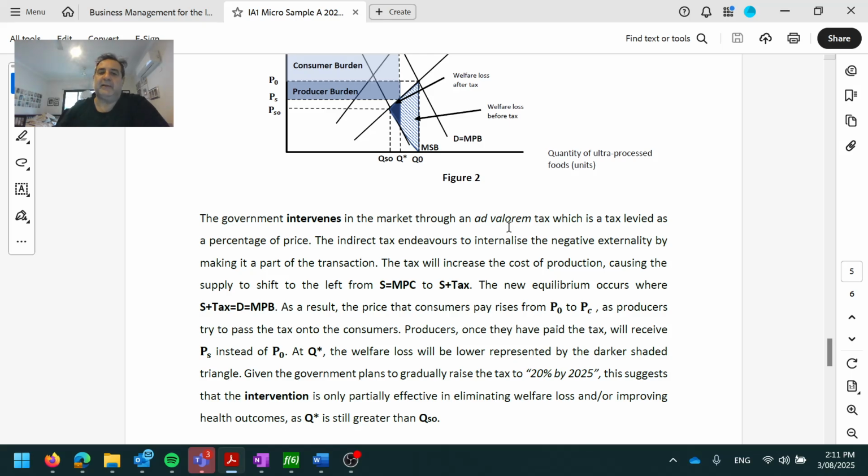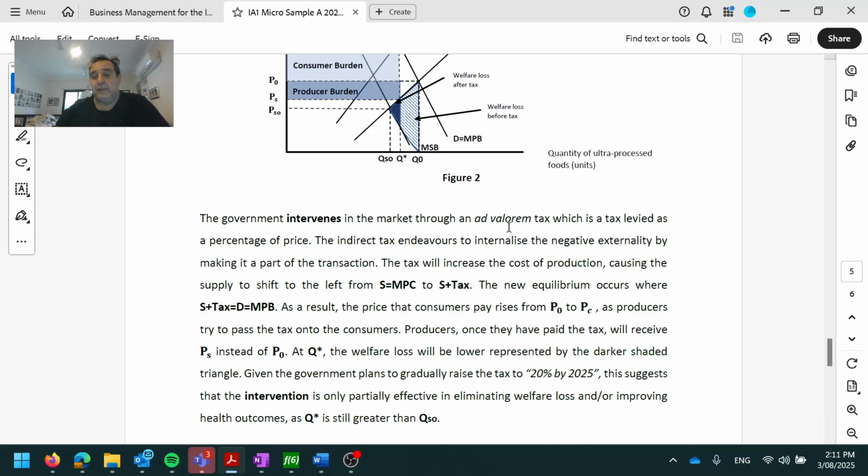I really like that sentence because it's saying, firstly, taxes try to internalise the negative externality by making it a part of a transaction that both consumers and producers need to be aware of, and now in this case it will be the consumers.